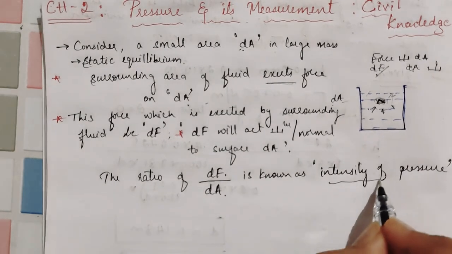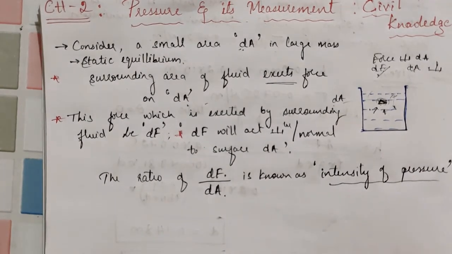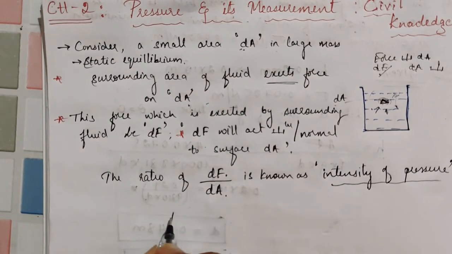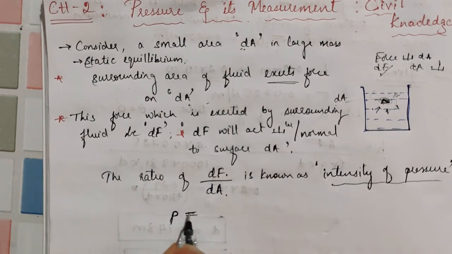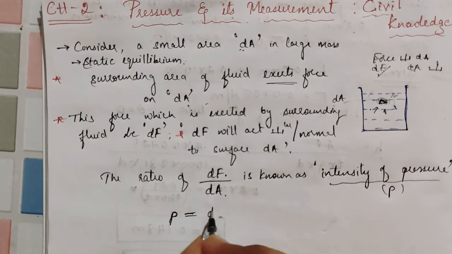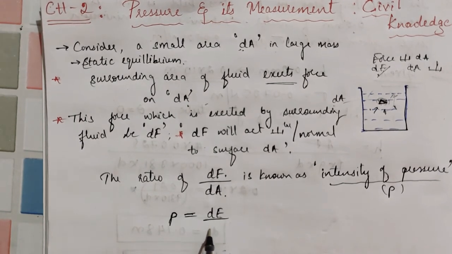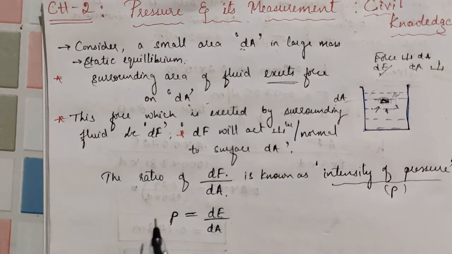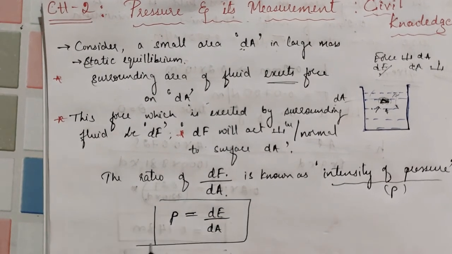Generally we will call it only pressure. This ratio is represented by the small letter p. So p is nothing but the intensity of pressure, the small force acting on the small area dA.